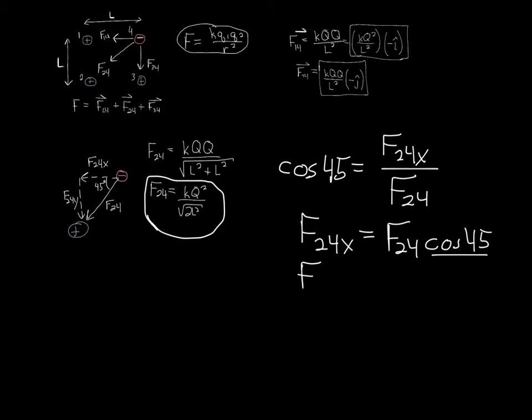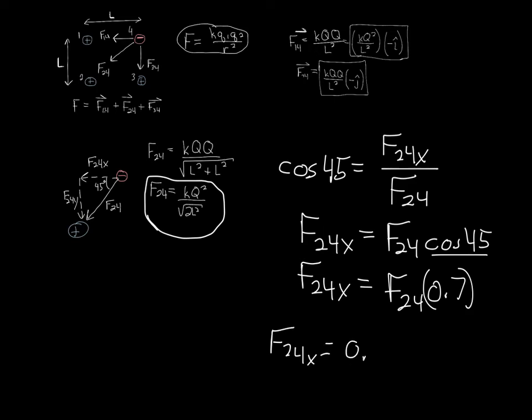So F24x is equal to F24 times 0.7. And then you can plug in for F24. So F24x is equal to 0.7 times k times q squared over the square root of 2L squared.